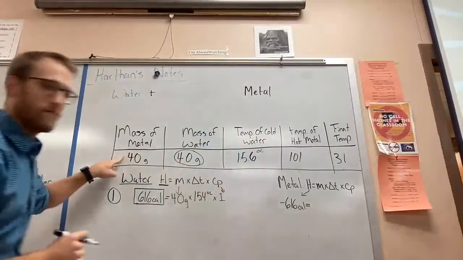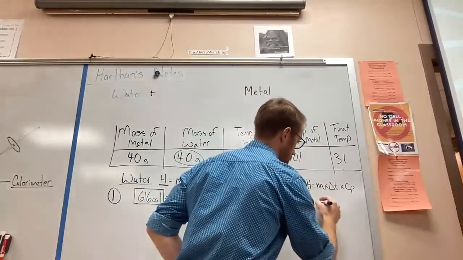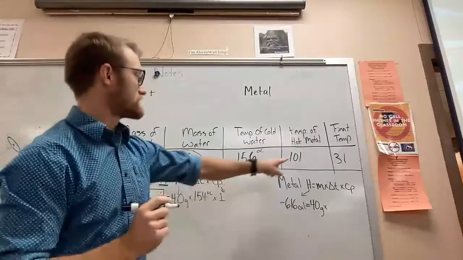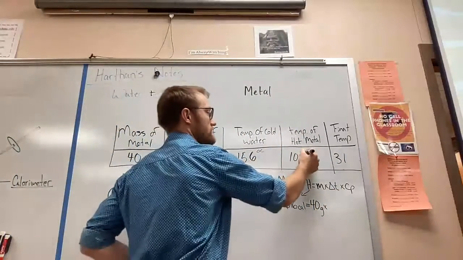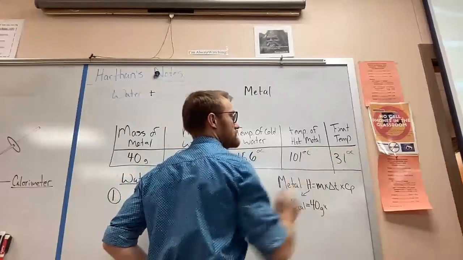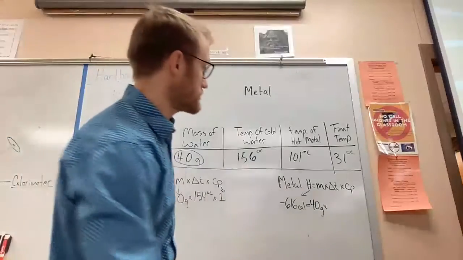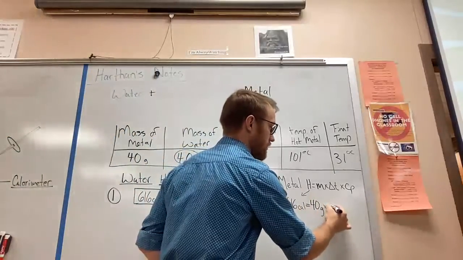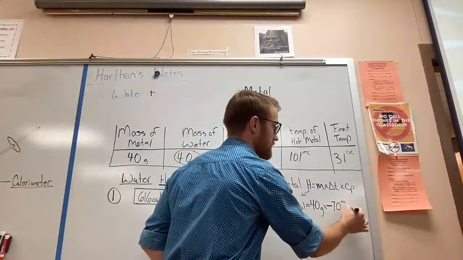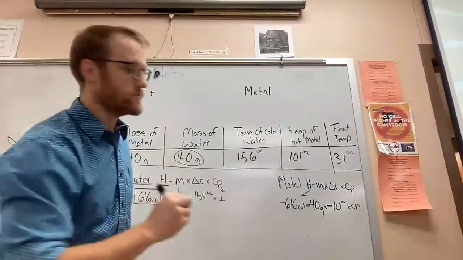So we know the mass of our metal was 40 grams. Okay. And then we're going to look at our change in temperature. So I started at 100 degrees Celsius, 101 degrees Celsius, and I dropped down to 31 degrees Celsius. Okay, so that's a change of losing or negative 70 degrees. Okay, and we don't know specific heat, but that's what question 2 is asking us.